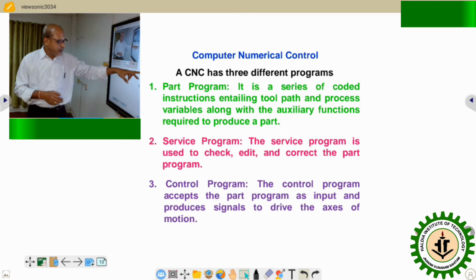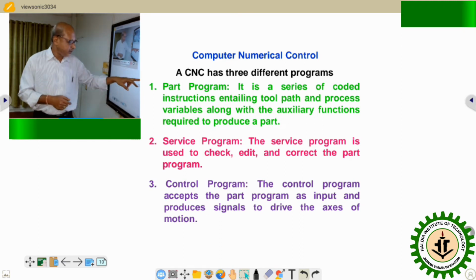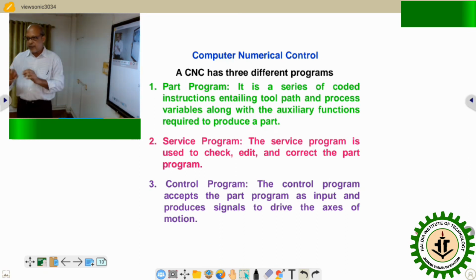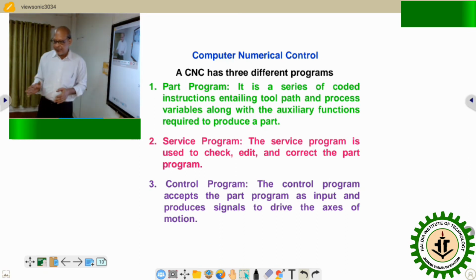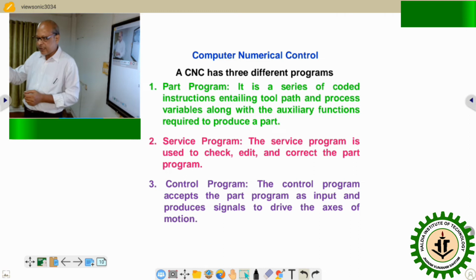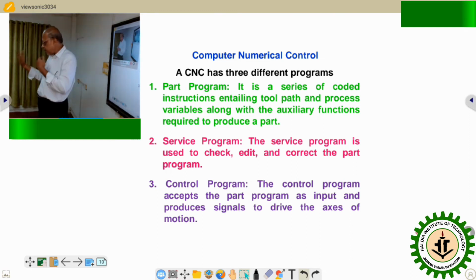The service program is used to check, edit and correct the part program. Suppose you are writing the part program, and your objective is to write G01 X40 Z minus 50 F0.2 in a particular command block: some X value, some Z value with a feed value of 0.2. That is your intent. But by mistake, suppose X or Z is repeated.